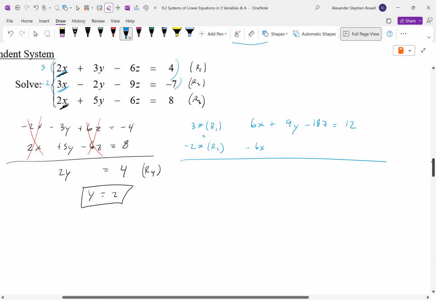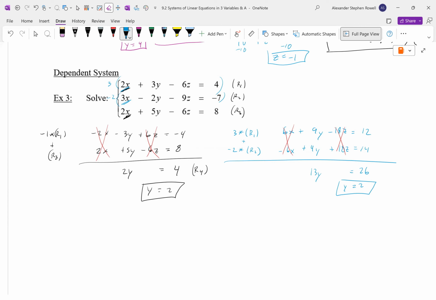Negative 6x plus 4y plus 18z is equal to 14. Does that look right? So if we add these rows together, x and z's cancel, so we get 13y is equal to 26. That's not really helpful, huh?